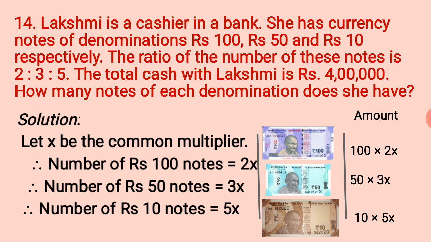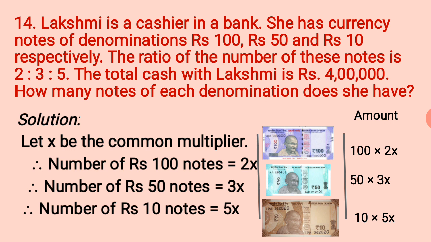So, on the extreme right hand side, amounts are written for the different denominations. For 100 rupee denomination, the total amount with her is 100 multiplied by 2x. Similarly, for 50 rupee denomination, the total amount will be 50 multiplied by 3x, and for 10 rupee denomination, the total amount will be 10 multiplied by 5x.